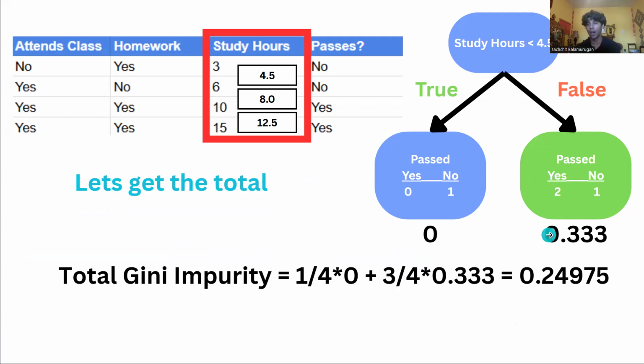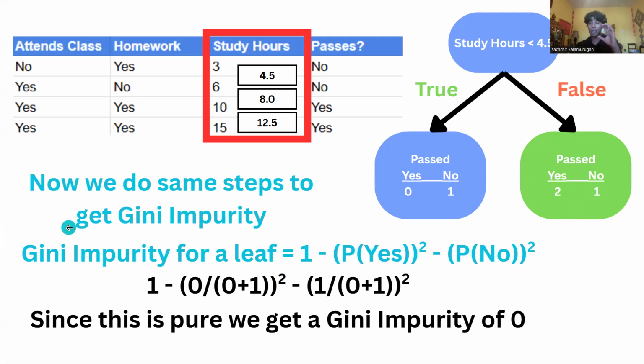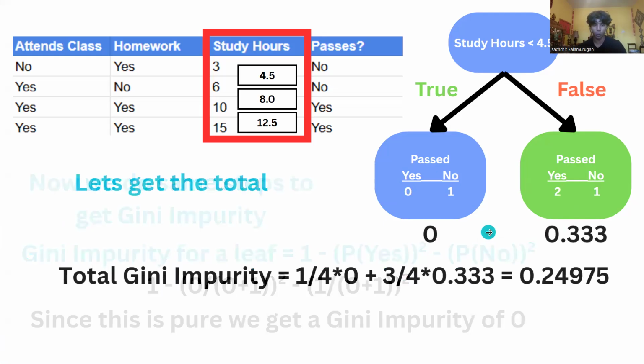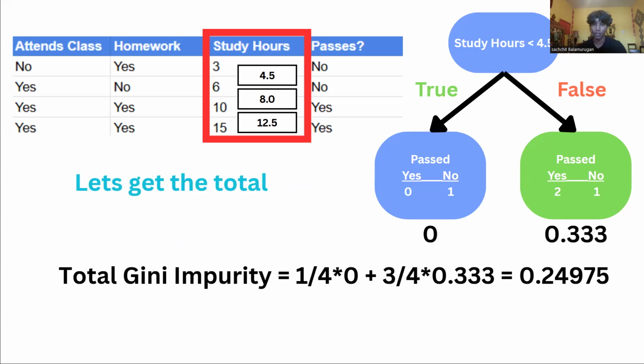You're doing it by leaf. Each leaf, you're checking probability of yes in that leaf you're working on, probability of no on that leaf you're working on. That's how you're getting the Gini impurity score. And then you're creating the total score, which is the average. You get your average of this.